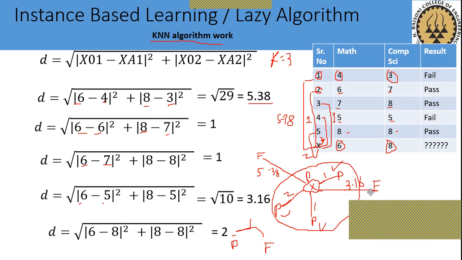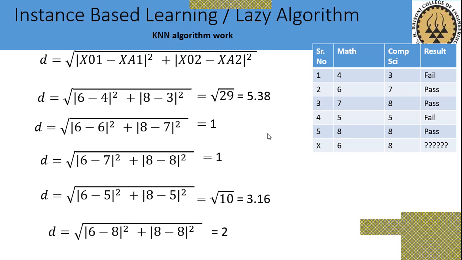So based on this we can declare that the value of x is nothing but pass, because all his 3 neighbors are pass. So on the basis of the KNN algorithm, we can declare that the value of x is also pass.